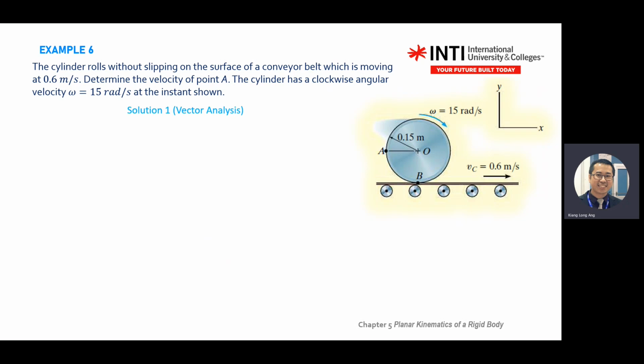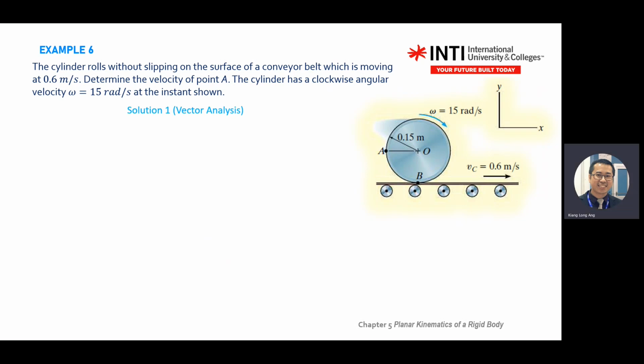So when the conveyor moves to the right, the motion of the disc will be in this direction, right? So this one will rotate in this direction. You can see that the conveyor moves this way, but omega goes this way. If this one does not give you a normal one, it will be following the conveyor, right?